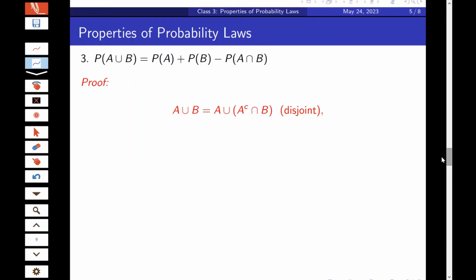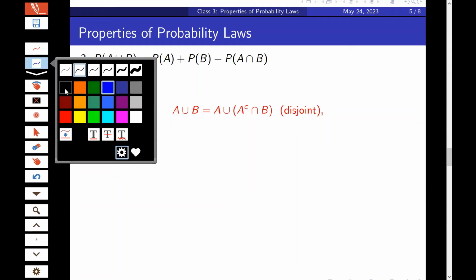Okay, so before proving the third property, I would like to show you why this is true.